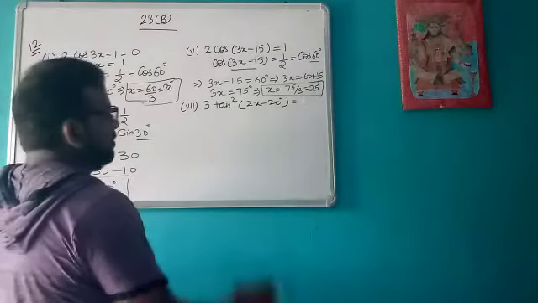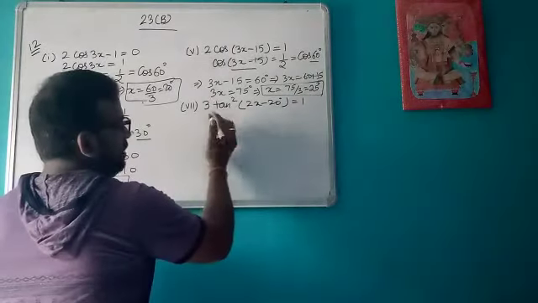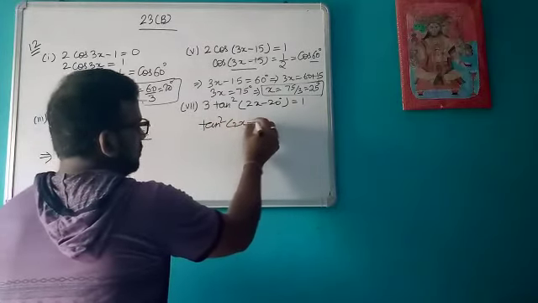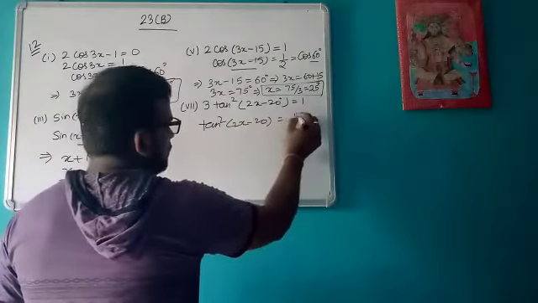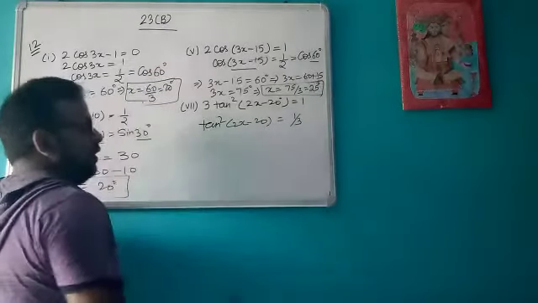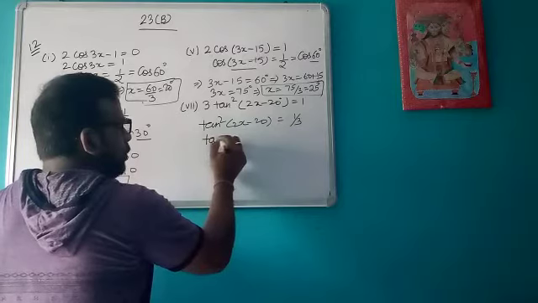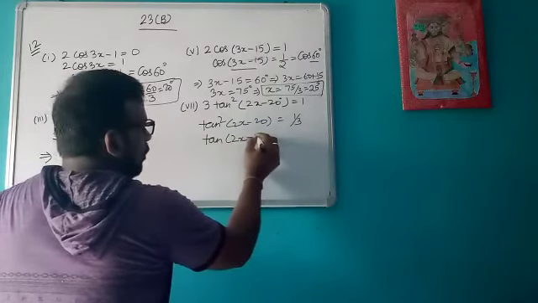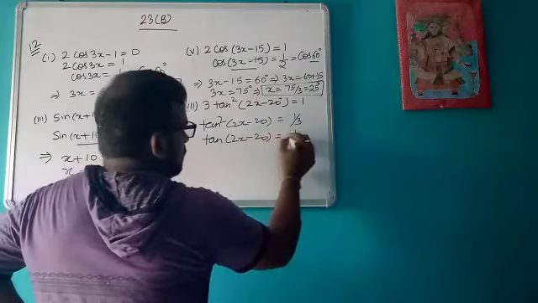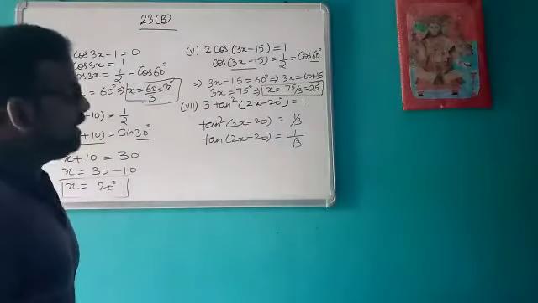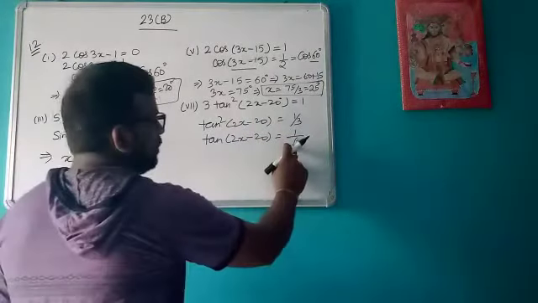Let's discuss one more type. Okay, so again we will take 3 there. 1 by 3. Now in order to remove this square, we will take the square root on both sides. So you will get 1 upon root 3, and we will take only the positive value of this 1 upon root 3.